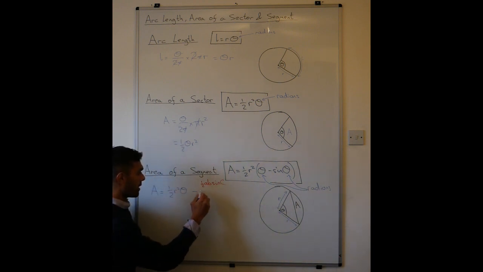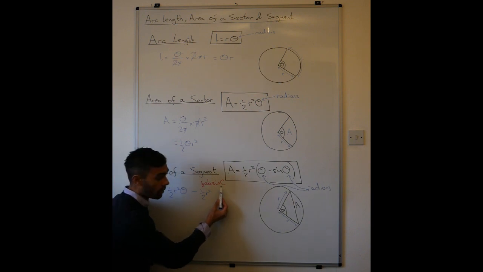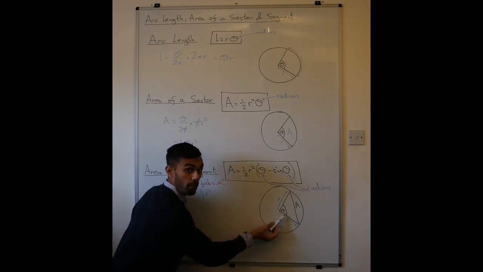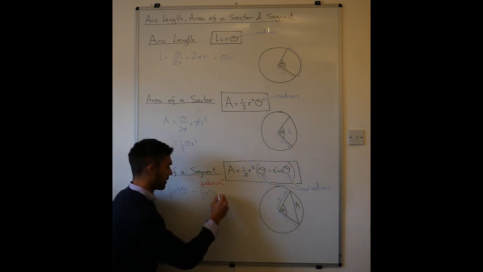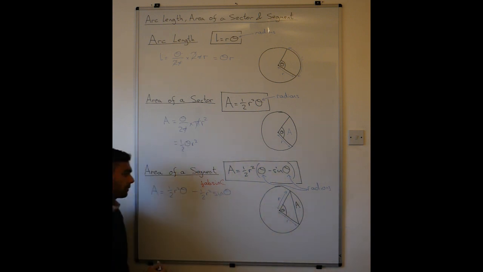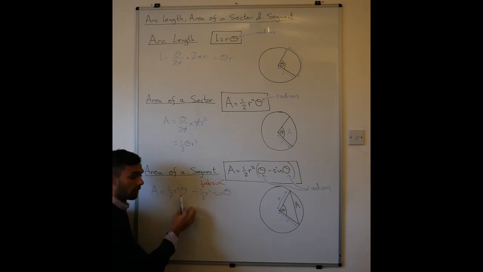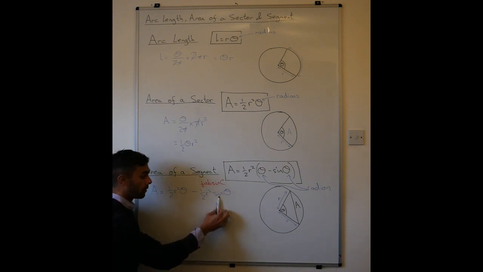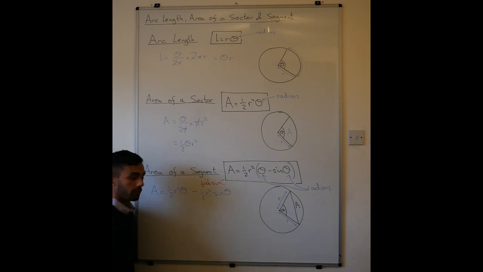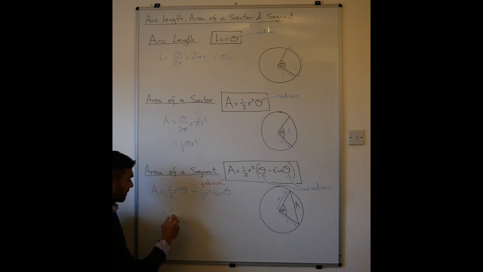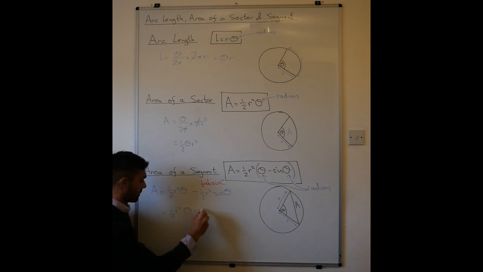So this is going to be a half r squared. Sine C, capital C, that's an angle, and it's the angle between the two side lengths. So it's theta. Okay, so area of the sector, take away area of the triangle. And then you factorise. The common factor here is a half r squared. And we're done.